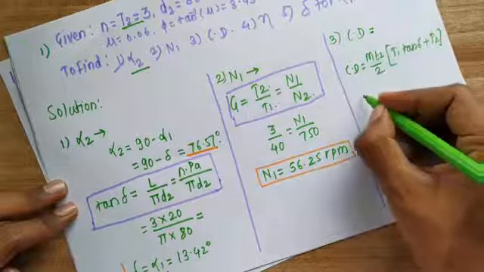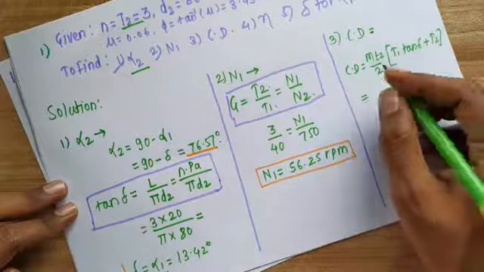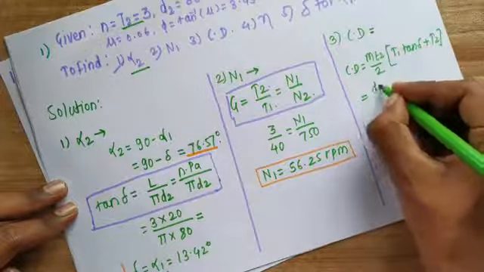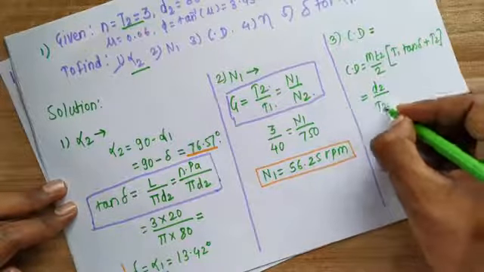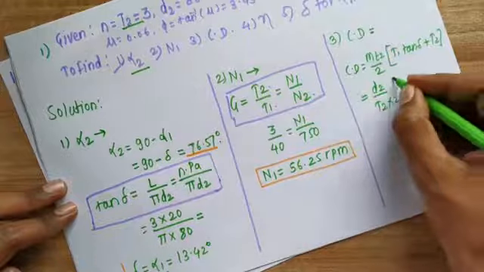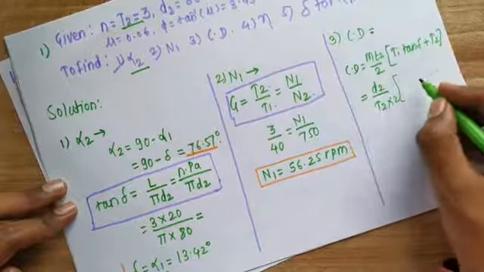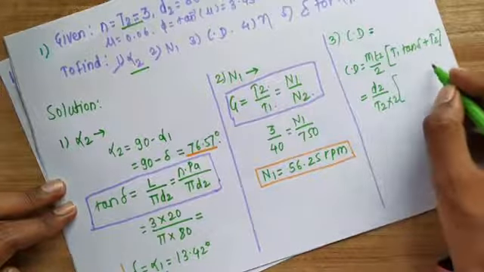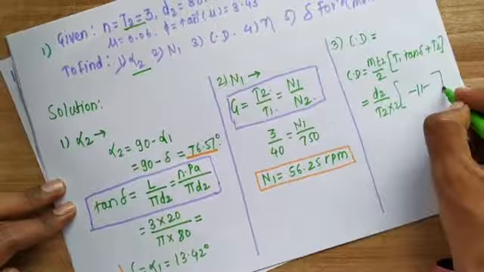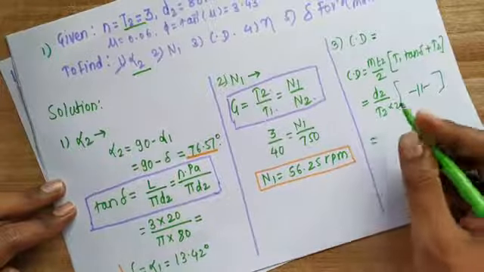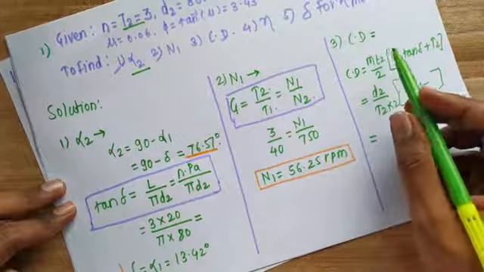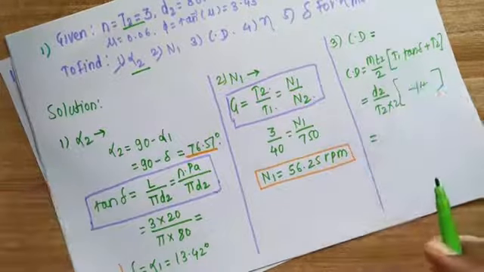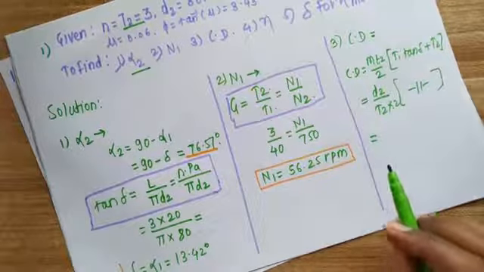I can write MT2 as D2 by T2, this 2 as it is, into this formula, in this term as it is. So if we put values here, all terms are known. What I did here is I put MT2 in terms of D2 and T2.